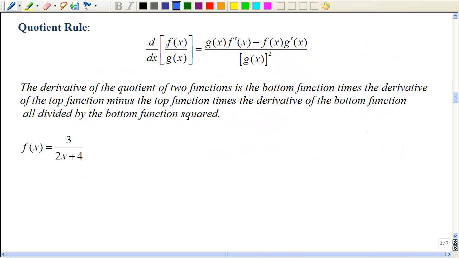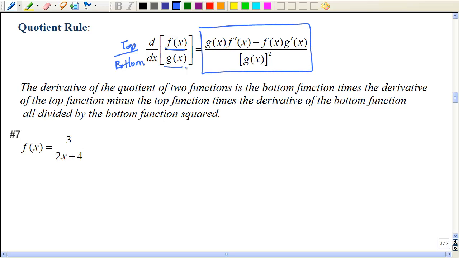So now that we've seen the product rule, we're going to look at the quotient rule. And this looks pretty scary, I admit, but it's when you have two functions being divided. And we're going to look at the top versus the bottom. All right, so we have this very complex expression. I want you to notice the minus sign because that's what gets the students.